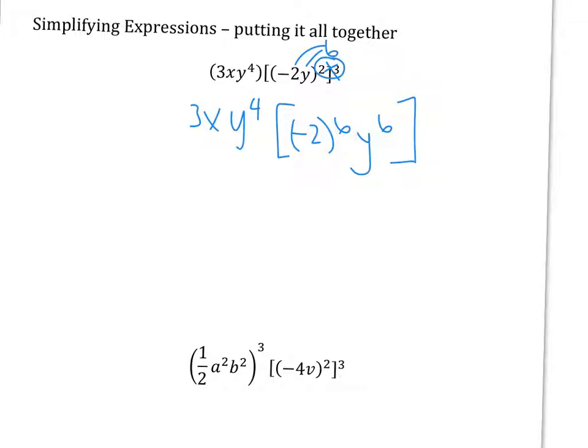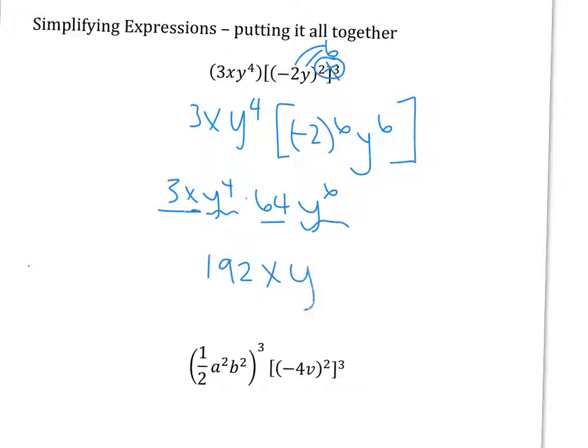And negative 2 to the 6th is 64. So I have 3xy to the 4th times 64y to the 6th. And 3 times 64 is 192. I have one x here, no other x's. Y to the 4th and y to the 6th give me y to the 10th. And that would be my final answer for simplifying that expression.